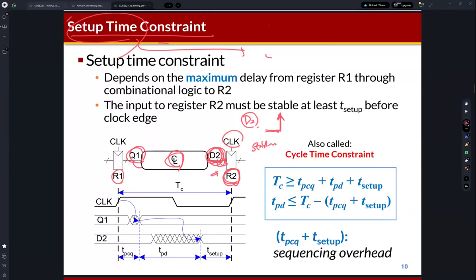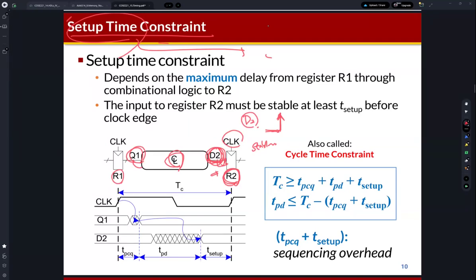This D2 needs to be stabilized before a certain time, which means that we need to arrive at this point before a certain time, right? So do we need to consider the maximum delay, or the minimum delay? We need to arrive before this time. We need to consider the maximum delay, right?